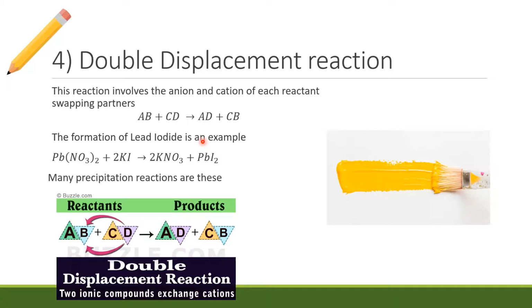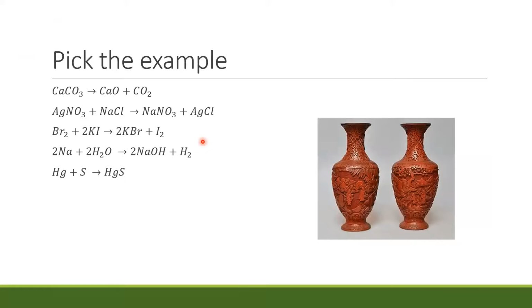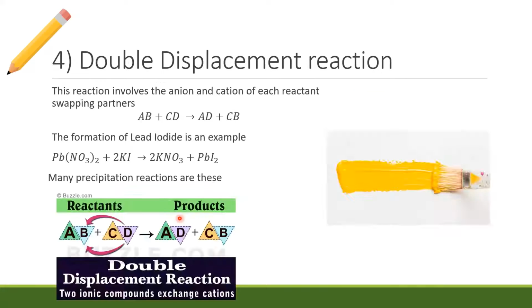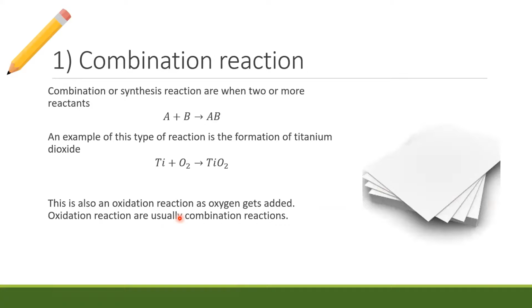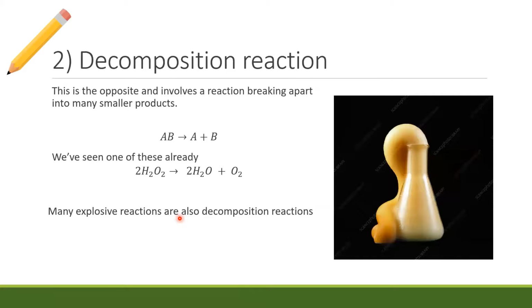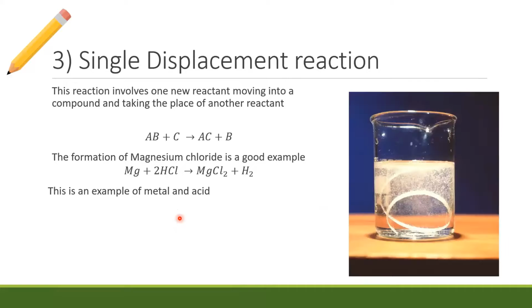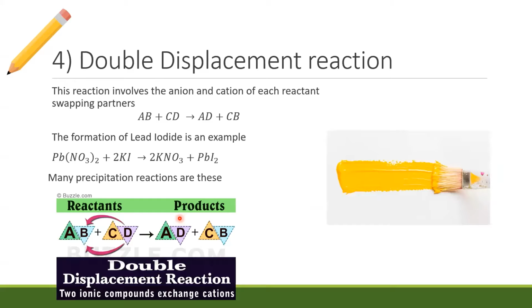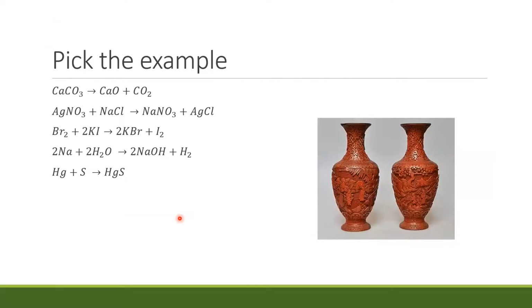So after this, the next part is I've just got these 5 examples here. You don't have to write these down. I'm going to give you a minute to look at each of those and guess: do you think they are a combination, a decomposition, a single displacement or a double displacement?